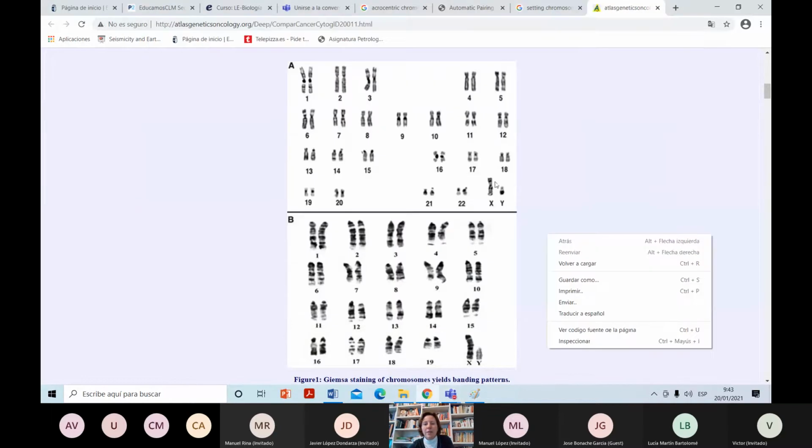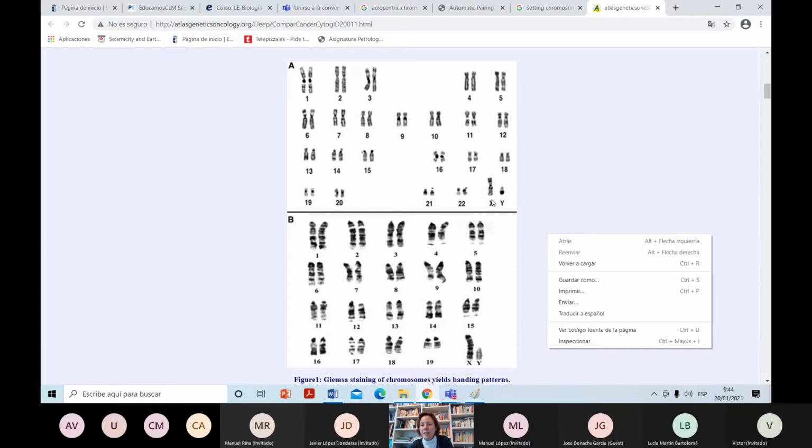In this case, these are the chromosomes of a male organism, okay? This male organism has all these chromosomes 2 by 2 being identical, but then one of them is big, the other one is small.